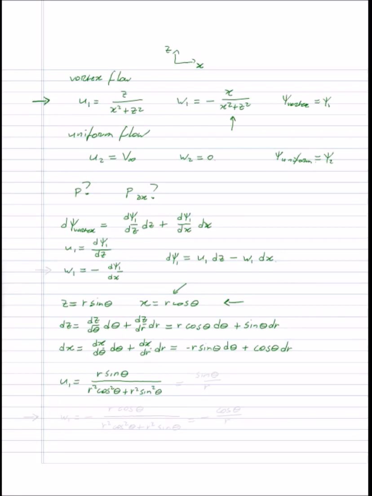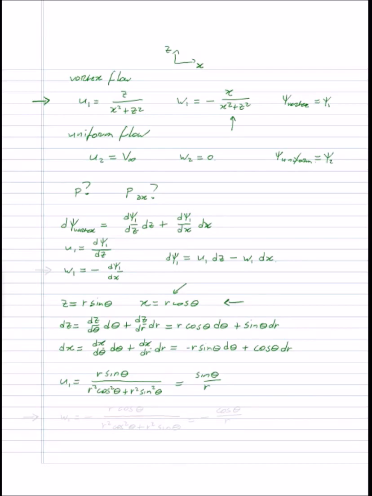And we see that we've got a cosine squared plus a sine squared there at the bottom. So that's going to be 1 if I add them up. So we get r squared times 1. So we get r squared at the bottom. We have r sine theta divided by r squared. So this is, in the end, going to give me sine theta divided by r. So it reduces to something fairly simple.